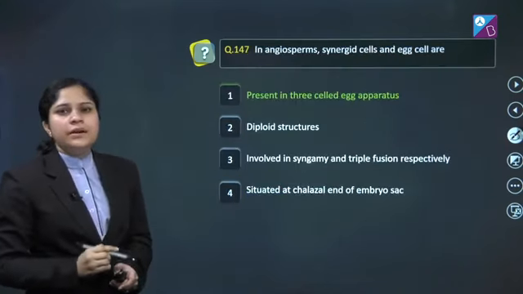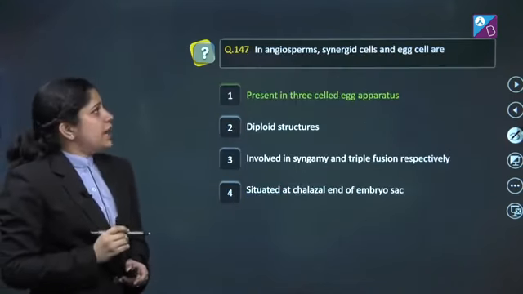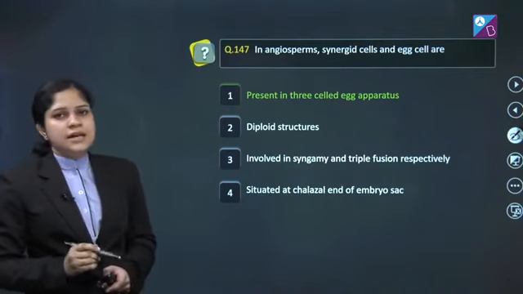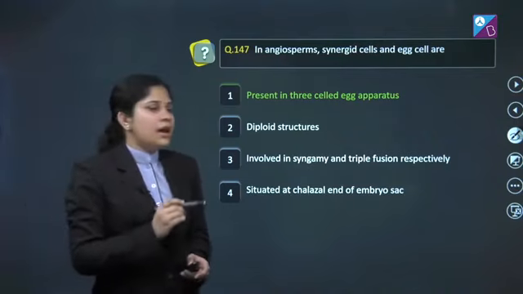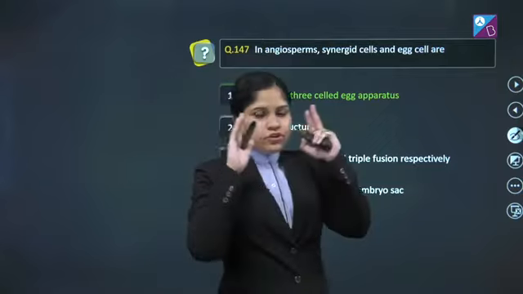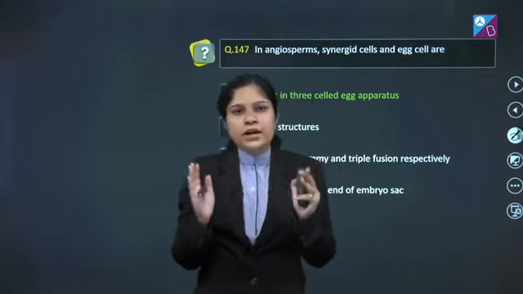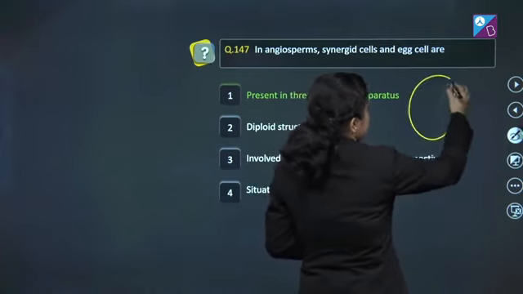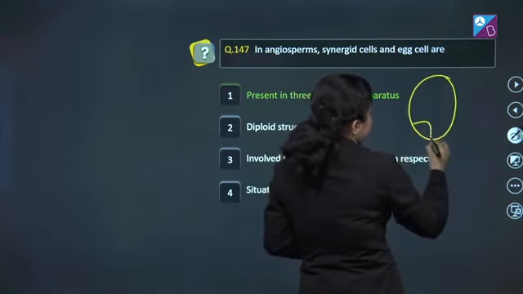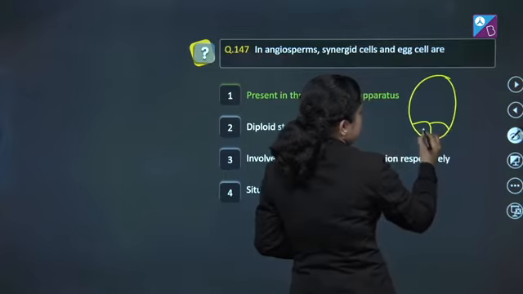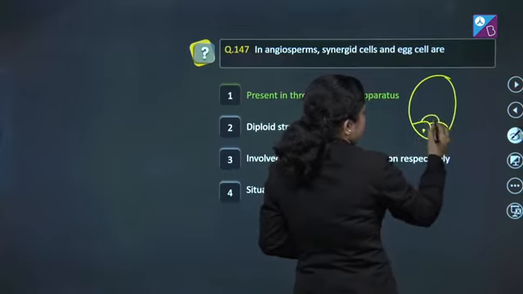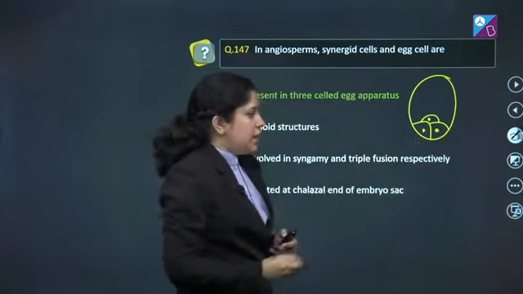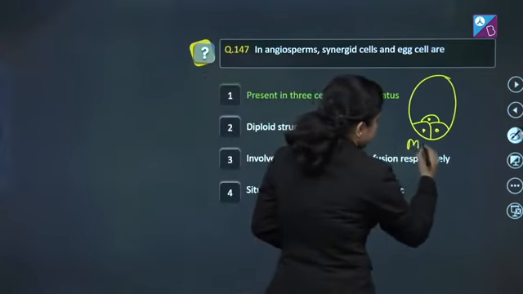Question number 147. In angiosperms, synergid cells and egg cell are. First of all, we should see where they are located. If we make an embryo sac, we know here we have 2 synergids and 1 egg cell, and this is the micropylar region.